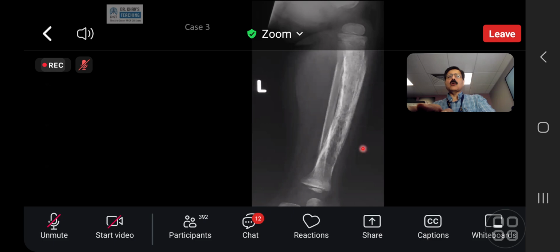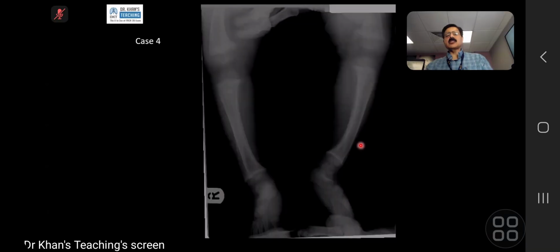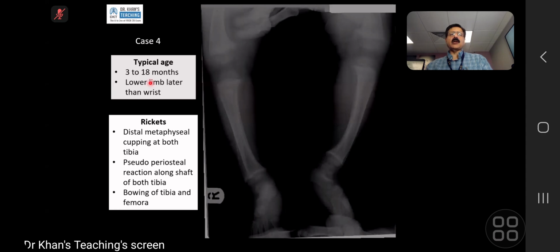Now, findings were also slightly different. It was not moth-eaten bone. Rickets is interesting. Rickets is anywhere between 3 to 18 months. It can happen in the lower limb first and then the wrist. In rickets, it's a pseudo finding. What happens is, if you go back to your normal wear and tear of bone, under the periosteum, new bone formation happens normally.